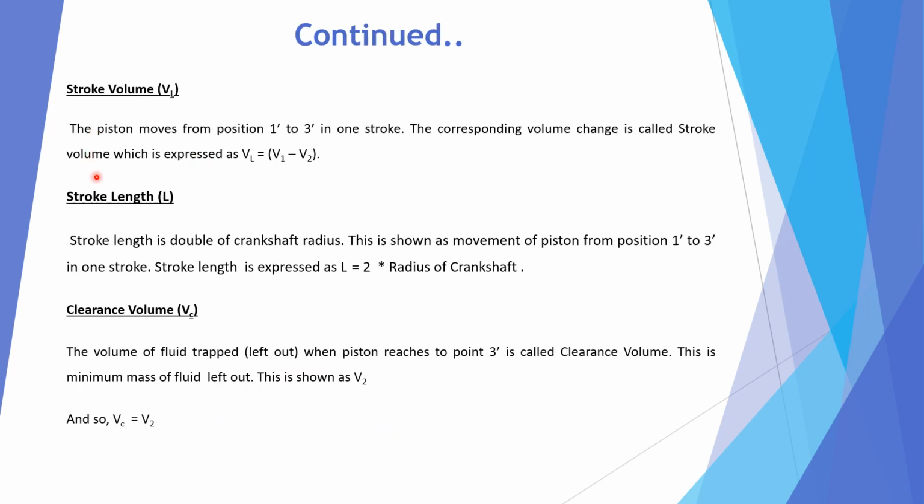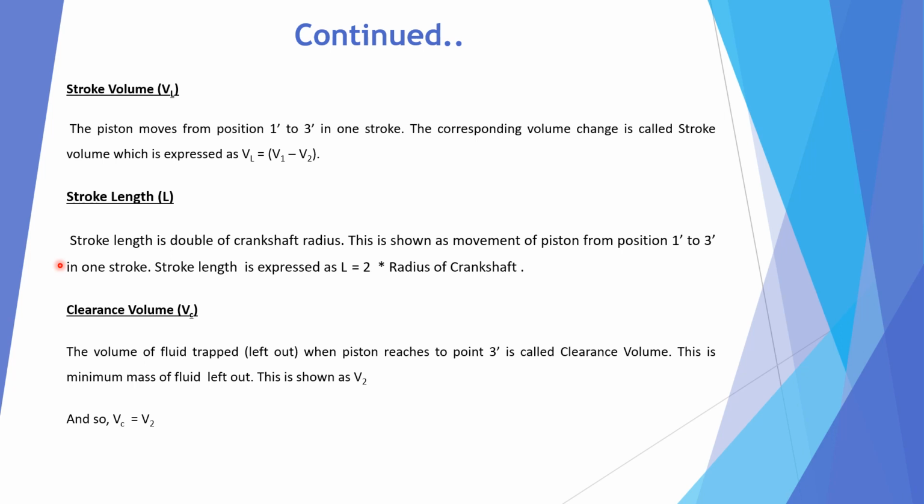So stroke volume is VL, not V1, VL. So the piston moves from 1 dash to 3 dash in one stroke, and the corresponding volume is called the stroke volume, which is expressed as VL is equal to V1 minus V2. A stroke length L is double the crank radius.